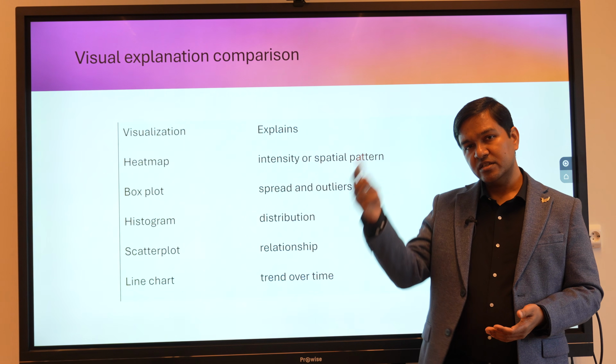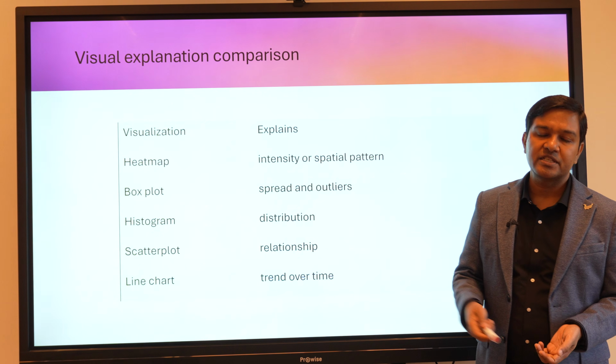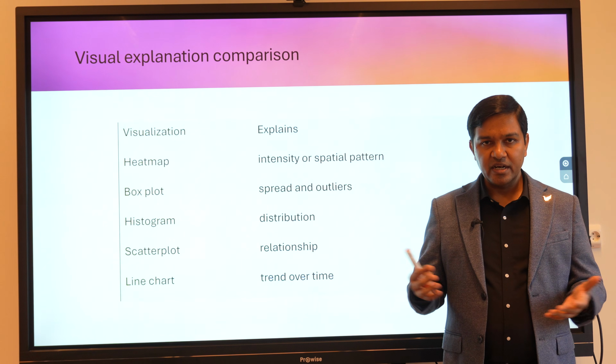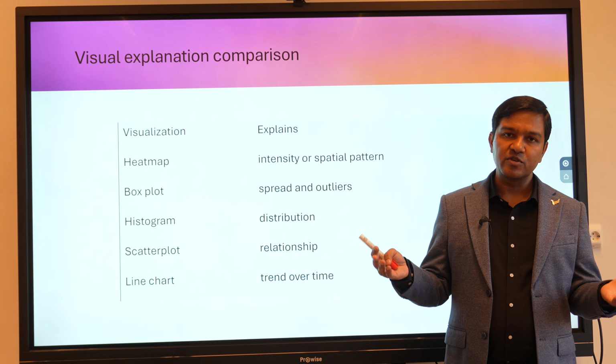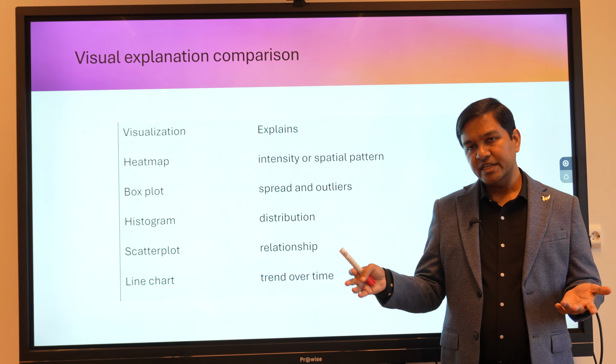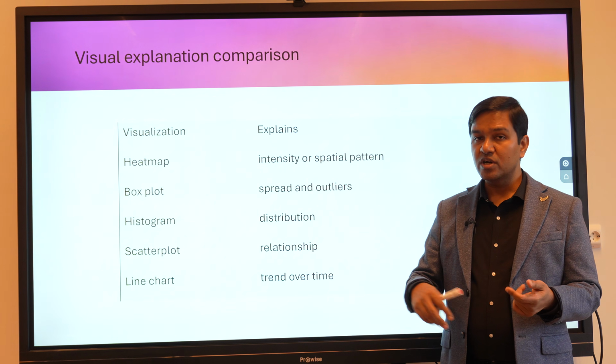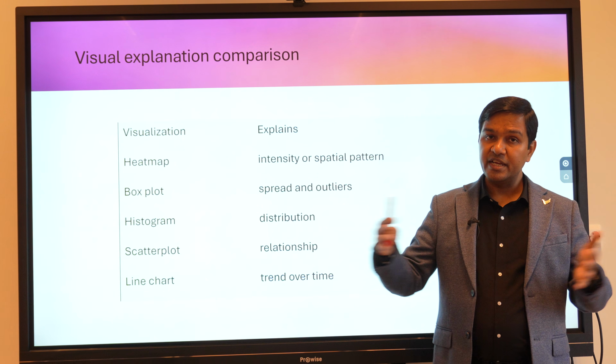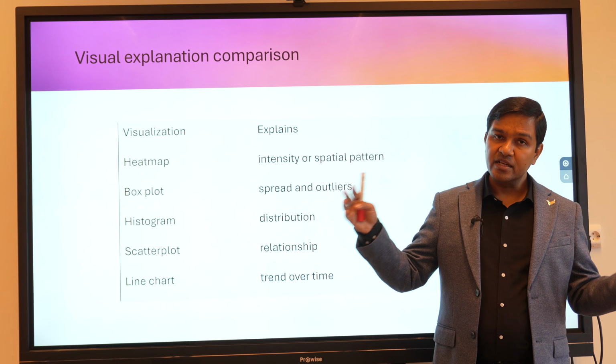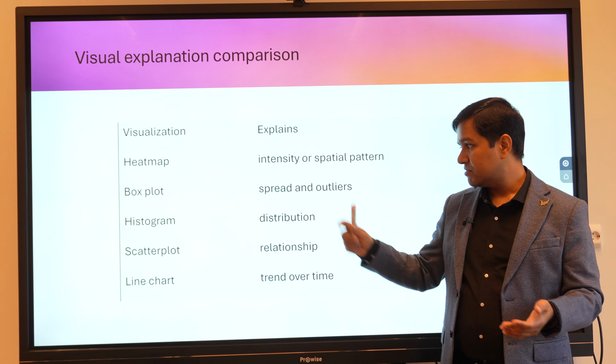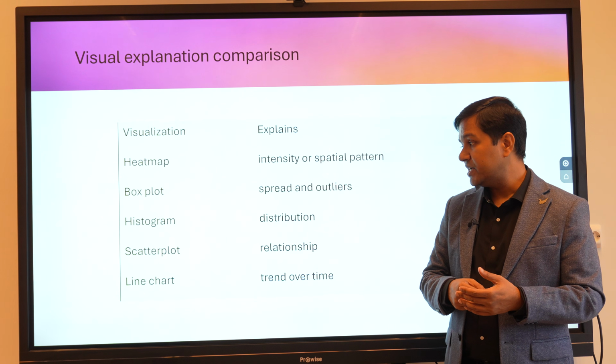If you want to see the distribution, meaning you are estimating whether your data is representing a diverse group or not, just by plotting the data as a histogram you will know whether we have covered every age group, every income value, every ethnicity. So distribution we can find out.